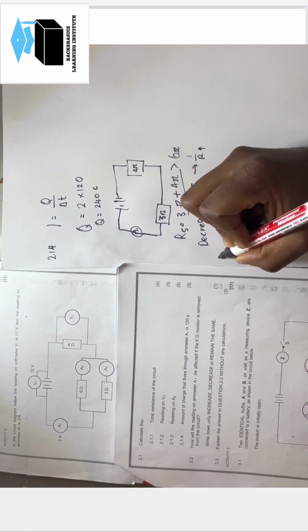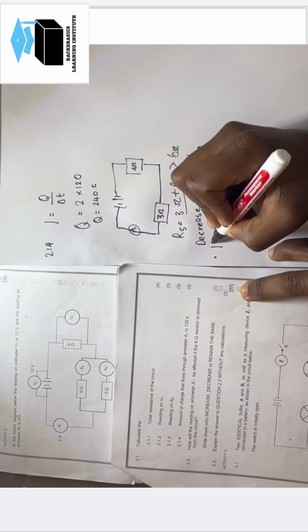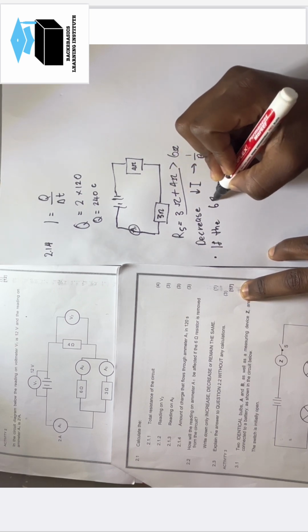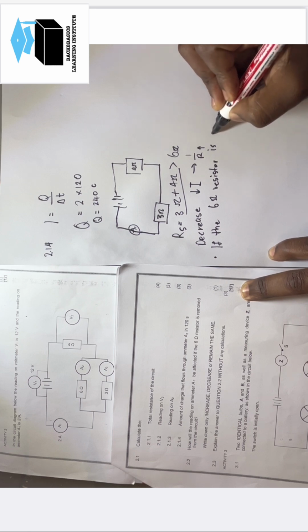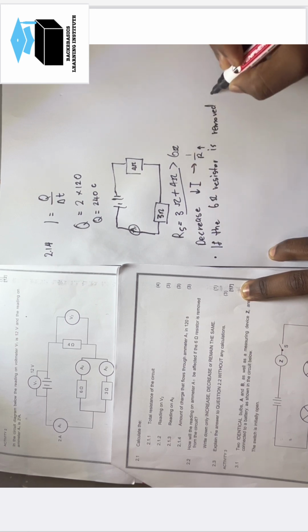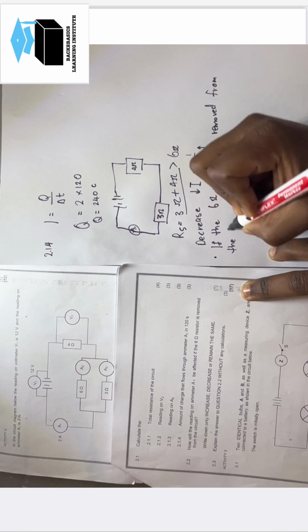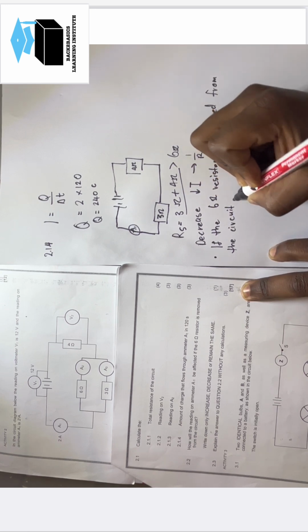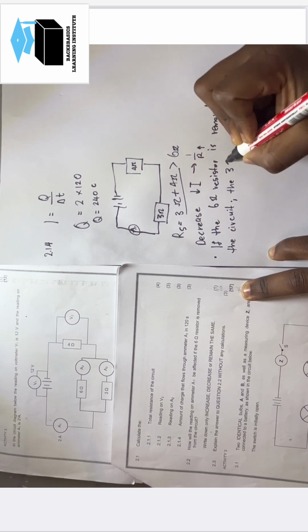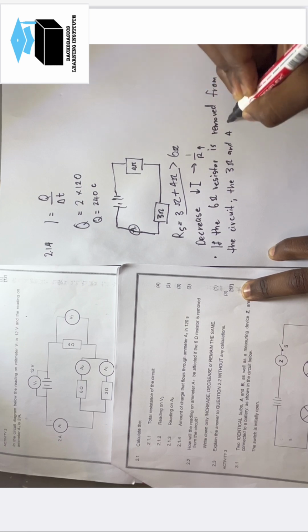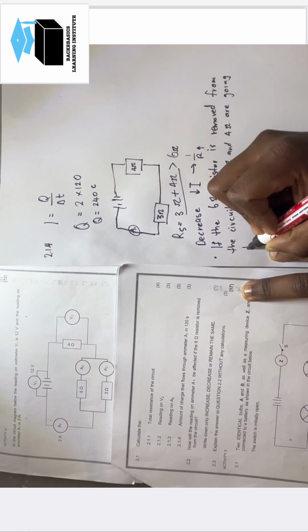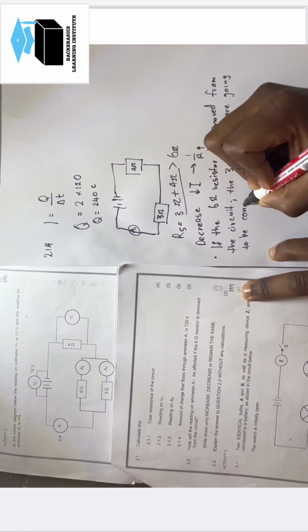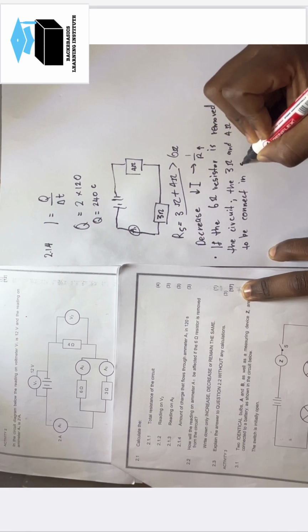I've explained this. Firstly, if the 6 ohm resistor is removed from the circuit, the 3 ohm resistor and the 4 ohm resistor are going to be connected in series in this case.